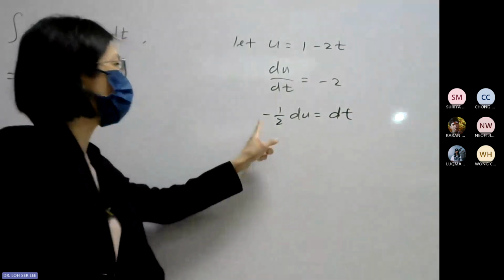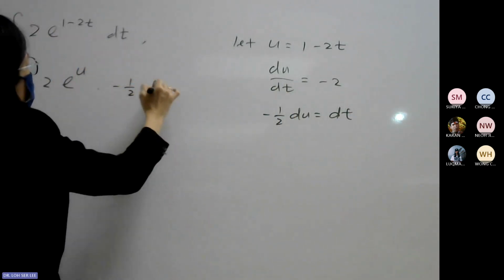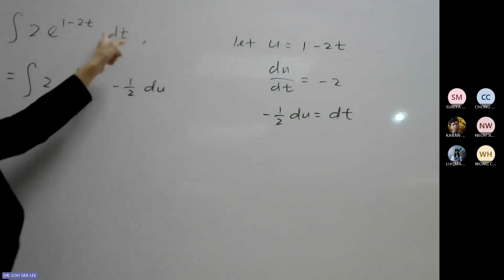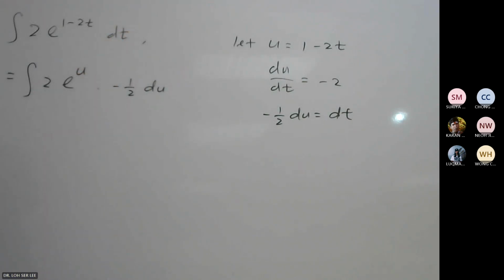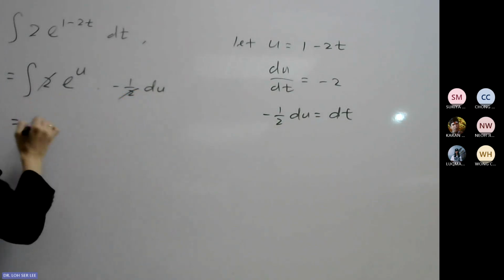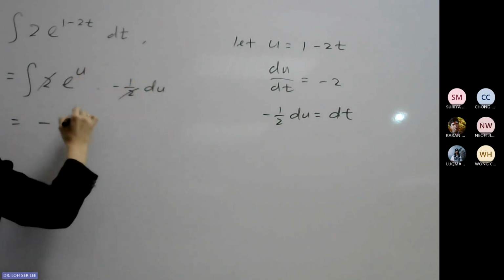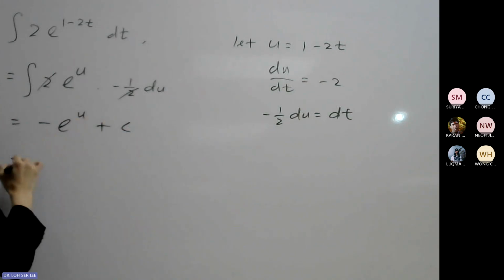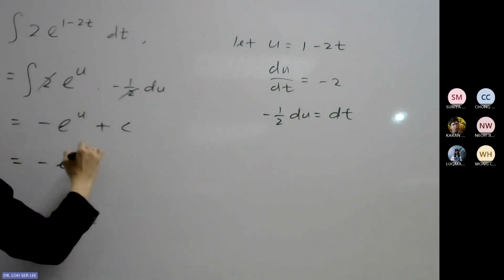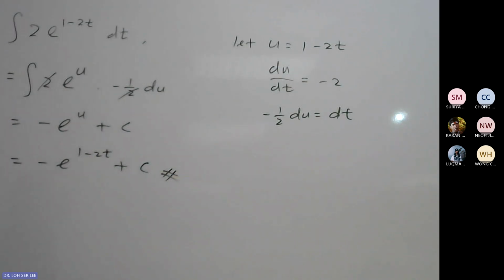So our dt is -half du. So cancel out the 2, factorize the negative, integrate e to the u with respect to u, you get e to the u plus c. Change the u back into t, then you get the answer.